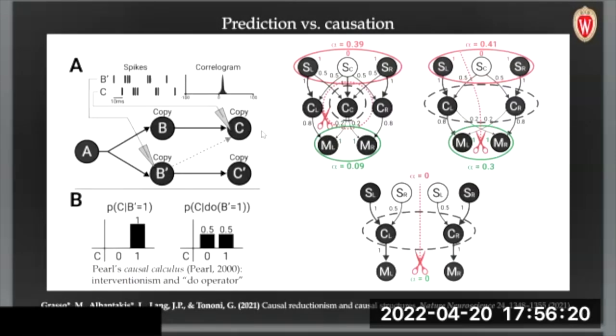So to sum up this part, causal reductionism basically would fail to recognize that F3 frogs, this system here, are actually very similar to F2 frogs, but they are both very different from F1 frogs.